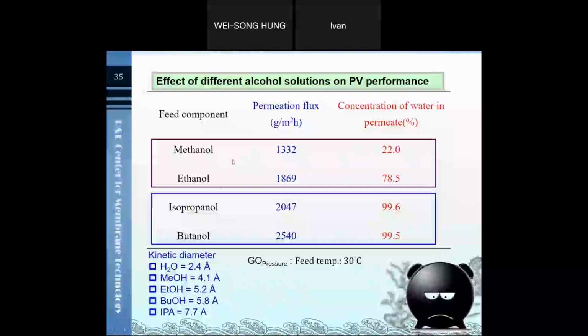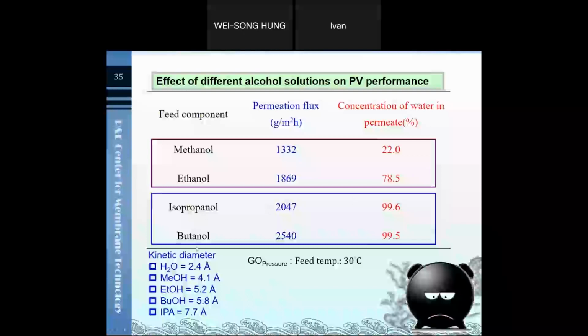With ethanol as the feed, the water concentration is only 78%. With methanol as the feed, the water concentration is 22%. So we considered how to improve the membrane performance.